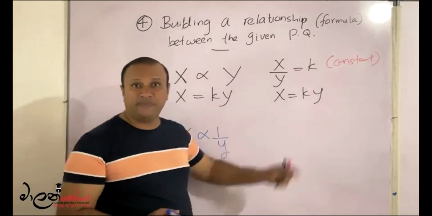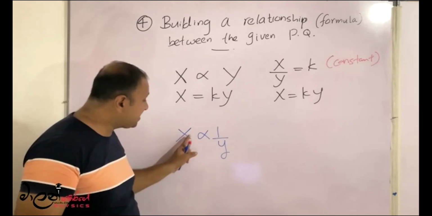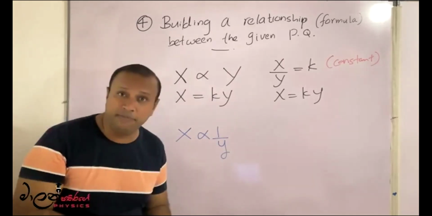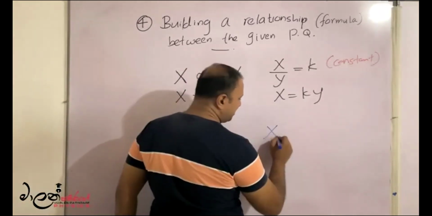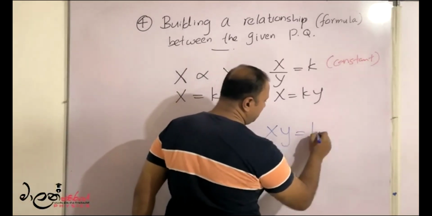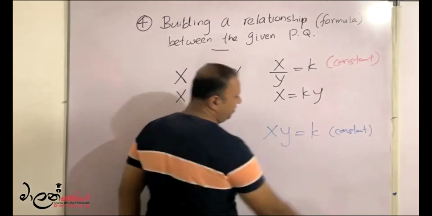So according to the definition of indirectly proportionality, if x indirectly proportional to y, that means the product x into y is a constant.